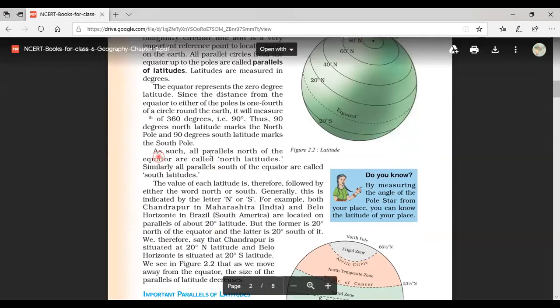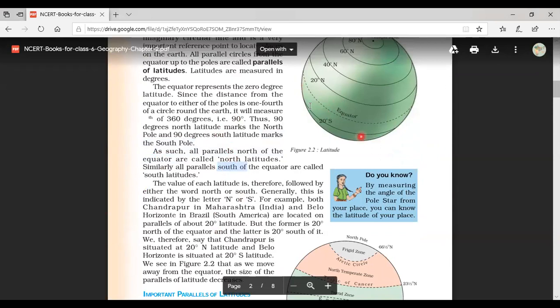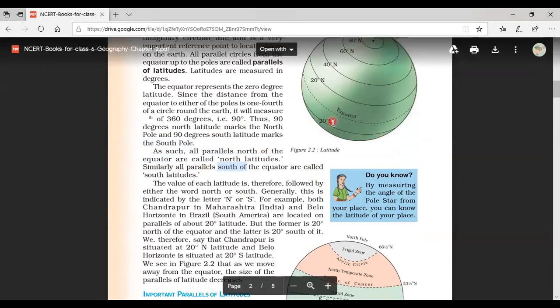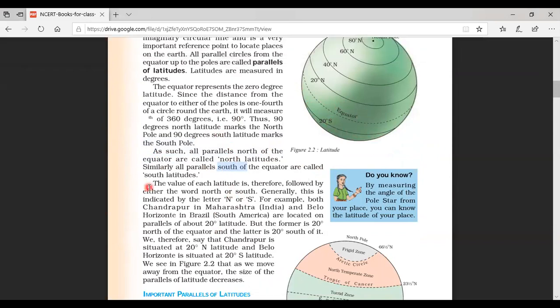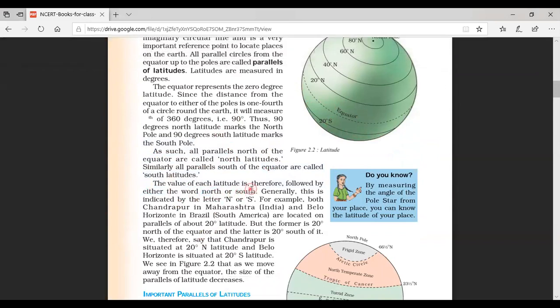The parallels north of the equator are called north latitudes. Similarly, we have some lines going parallel towards the south as well. These are the south latitudes. The value of each latitude is therefore followed by either the word north or south.